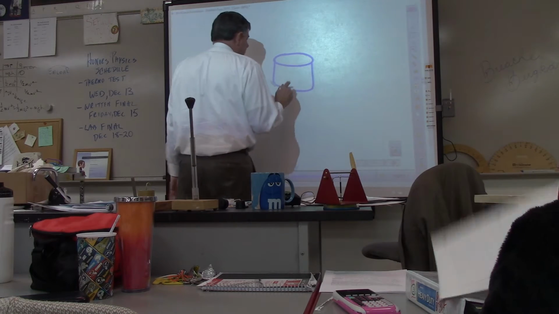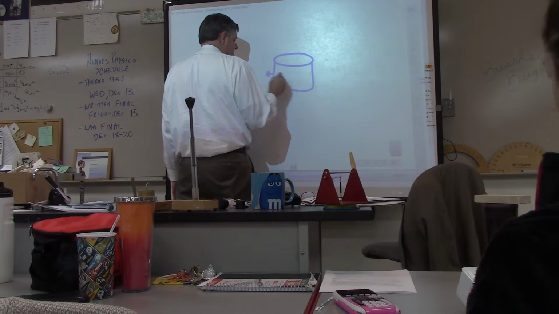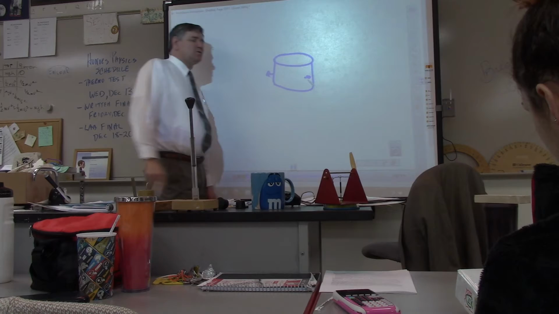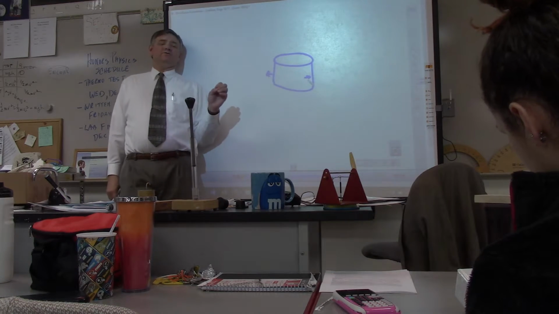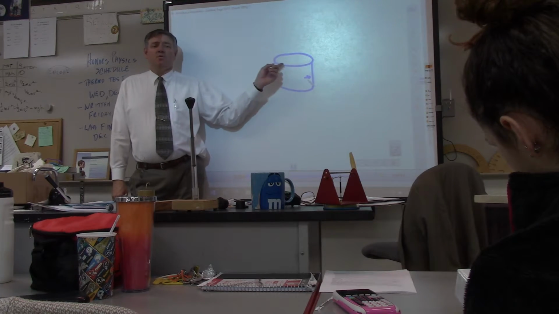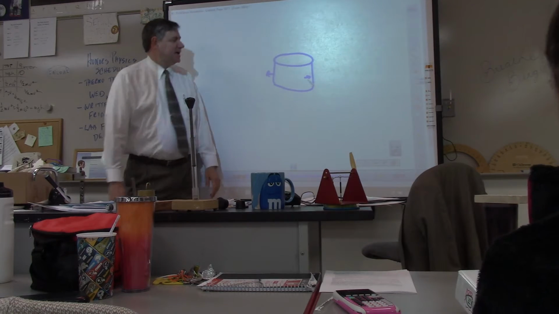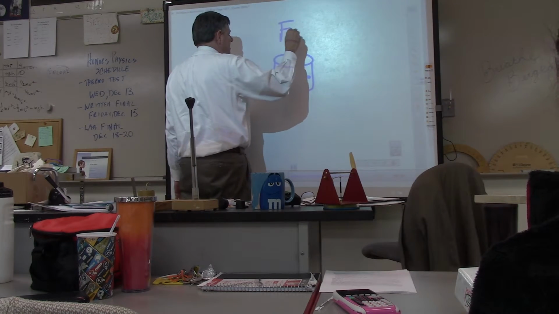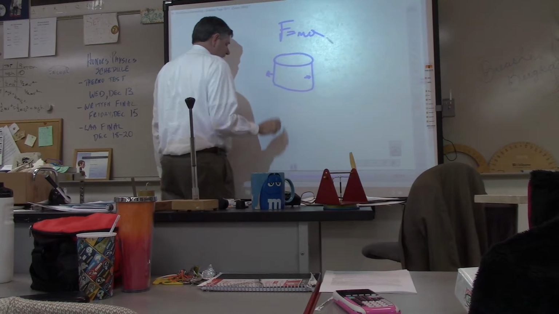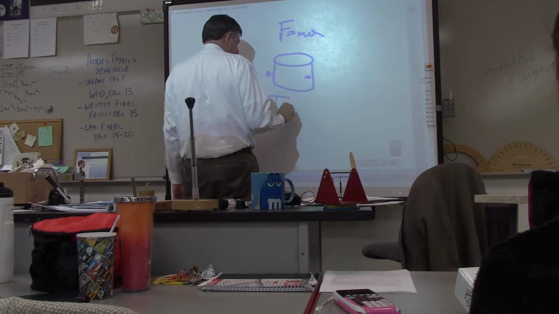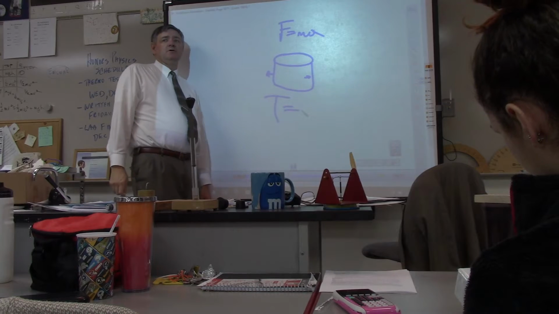But now, when something spins, what's the one thing that you cannot use in any way, shape, or form when you're trying to make something spin? F equals ma. You cannot use F equals ma. But you can use the idea that torque equals two things. What does torque equal?